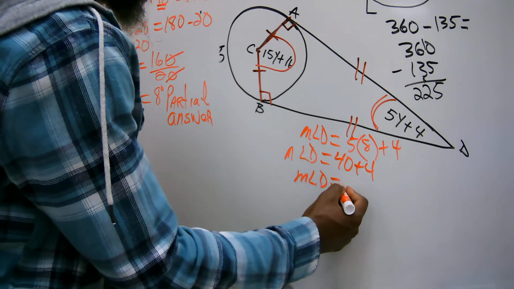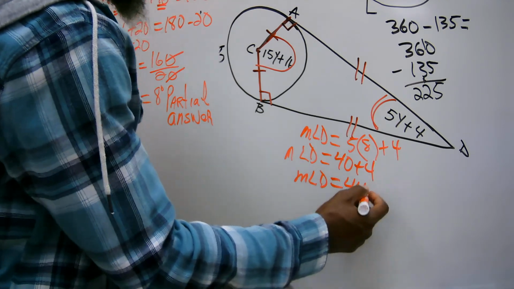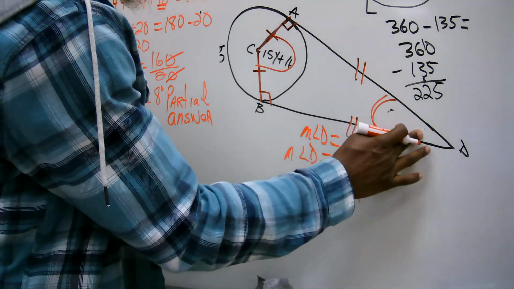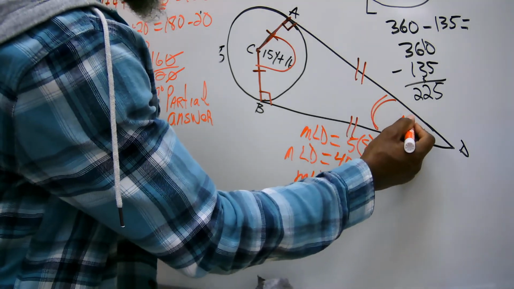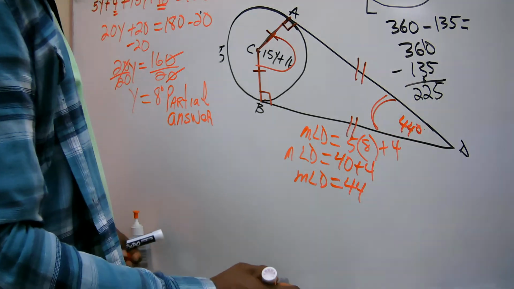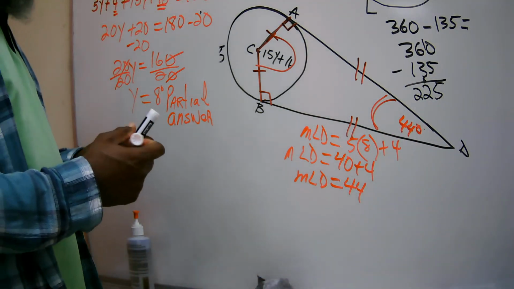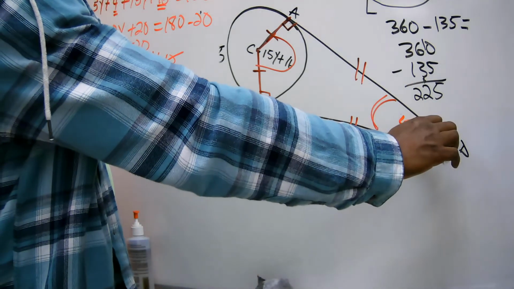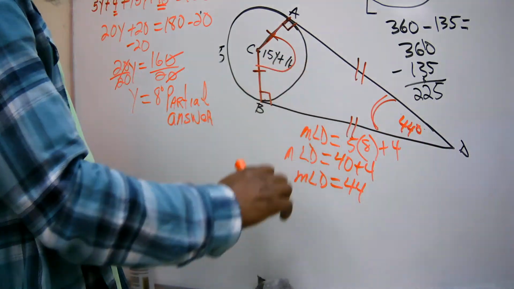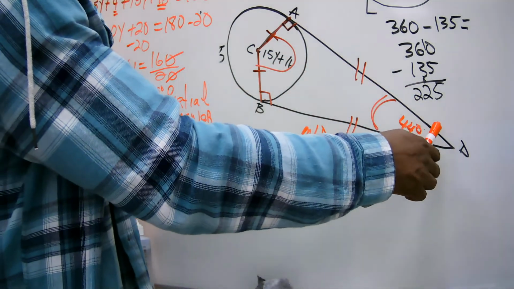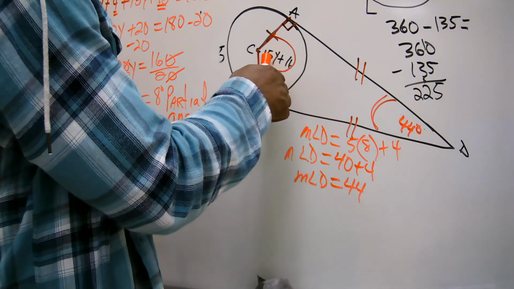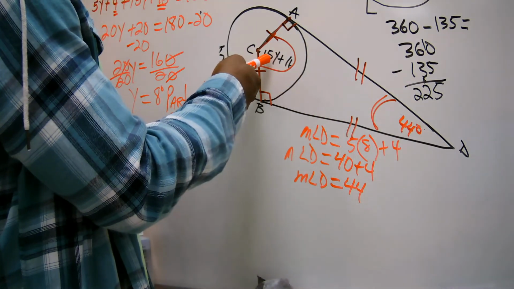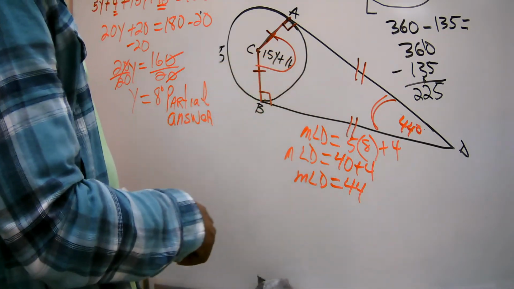The measure of angle D is 44 degrees. Now to find the measure of angle C, if you do everything correctly, you can subtract 44 degrees from 180. You will get about 136 for the central angle, which is represented by 5y plus 16.